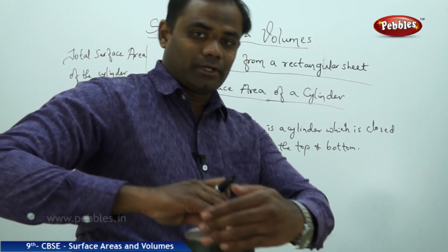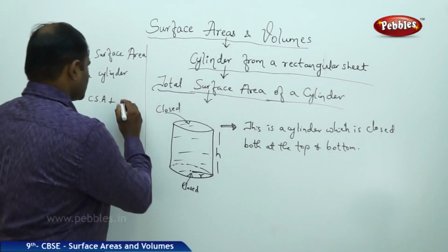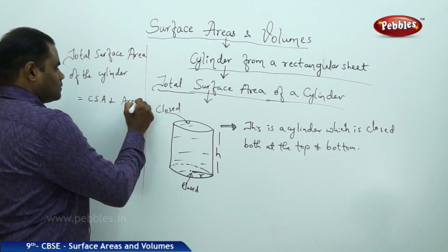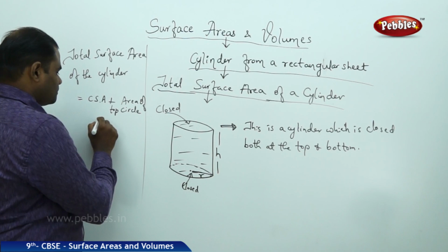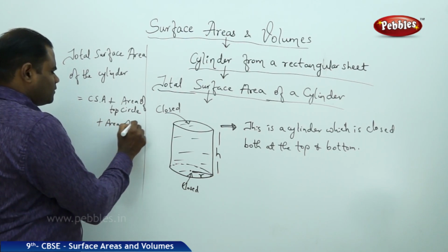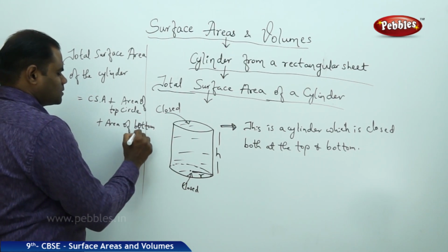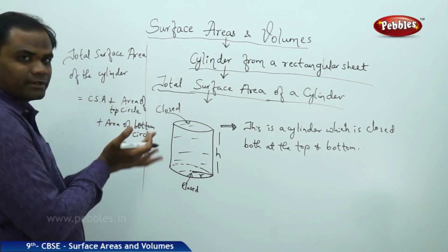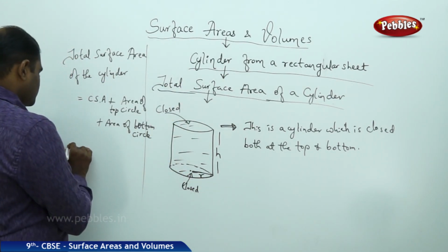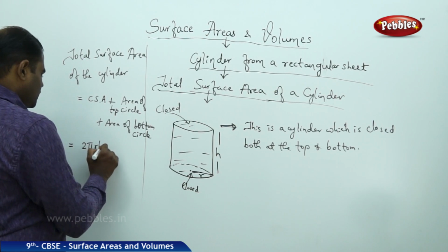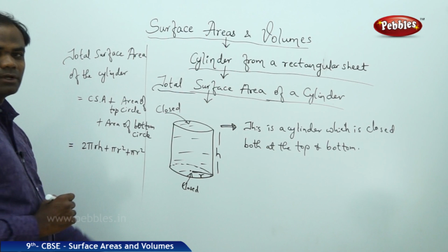So we include all three regions: the curved part plus the area of the top circle and the area of the bottom circle. So I get this to be 2 pi r h plus pi r square plus pi r square.